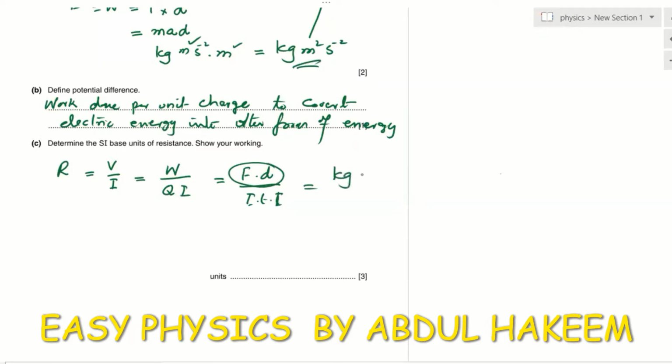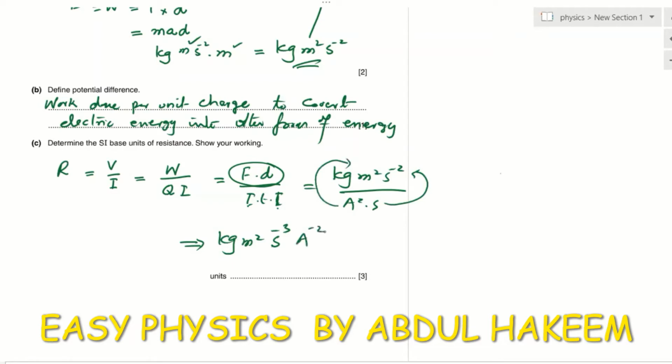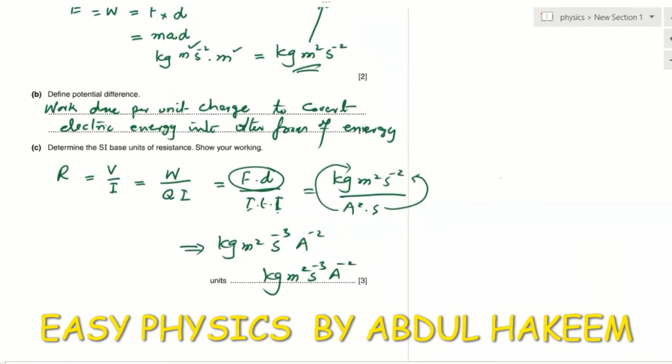It is kilogram meter squared second to the power minus 2. Current into current, this is ampere squared second. So the final unit will be kilogram meter squared second to the power minus 3. When this comes up, it becomes second to the power minus 3, and this comes up, it becomes ampere to the power minus 2. So here we have to write kilogram meter squared second to the power minus 3 ampere to the power minus 2. So this is the C part.